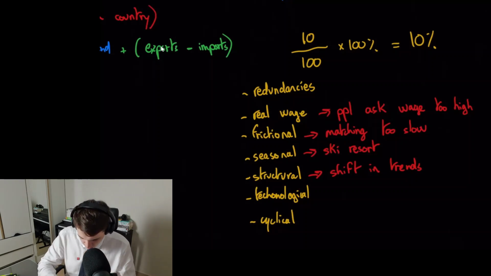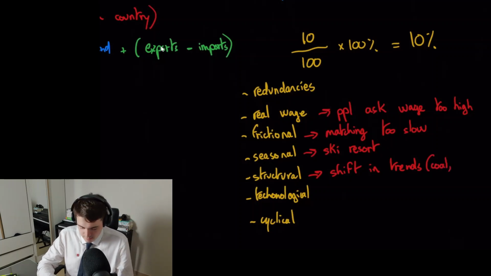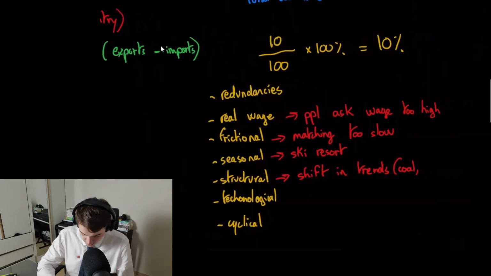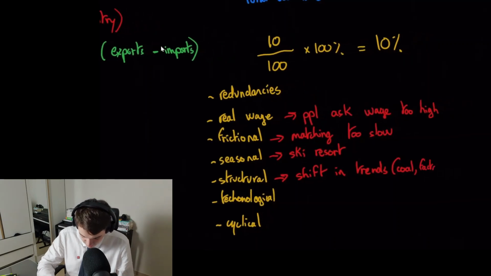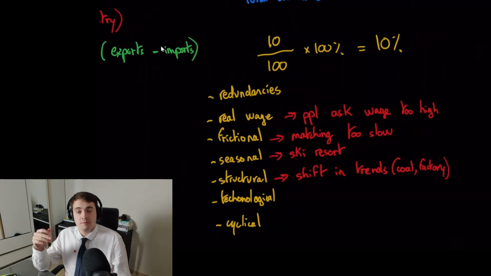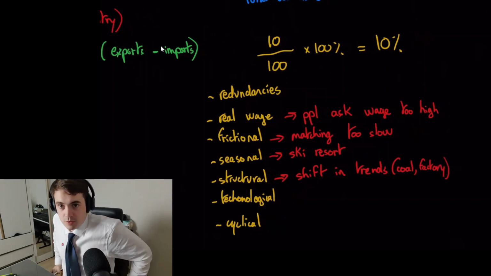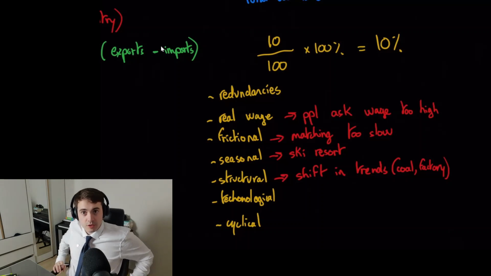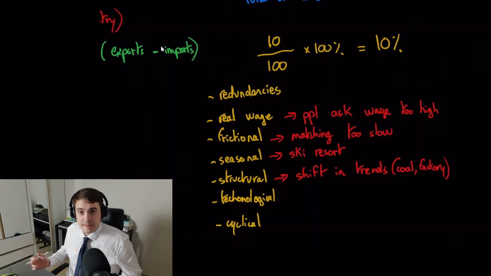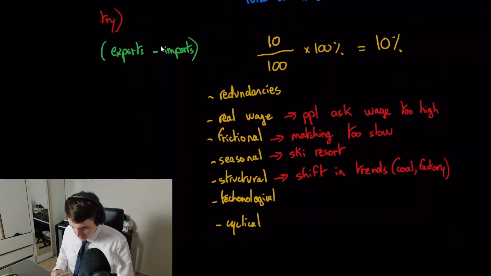Think of the coal factories, right? Think of just factories that have left Europe because of globalization. So the people who used to work as a factory worker, but there's no more factory in the country, they're basically in this category of structural unemployment.